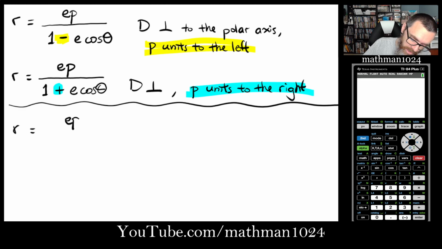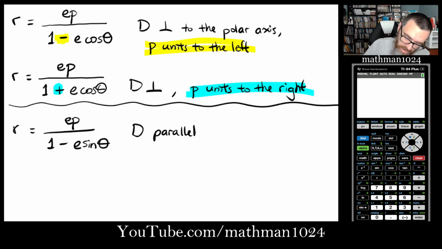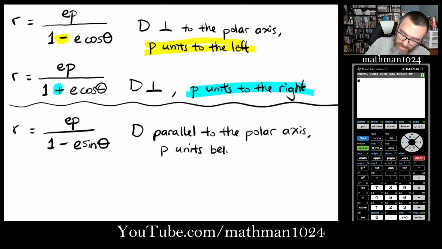So if I have ep over 1 minus e times sine of theta, your directrix is going to be parallel to the polar axis, and it's going to be p units below. You can connect the minus there with being below.